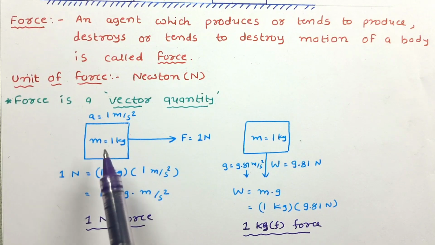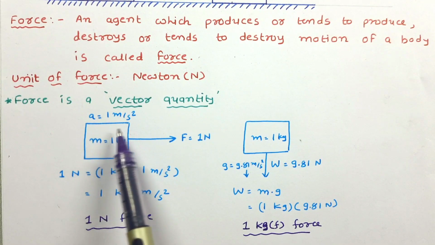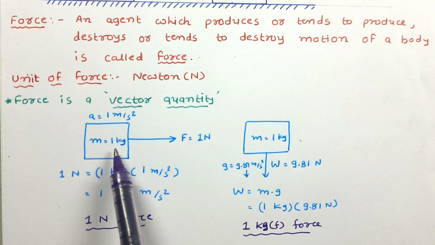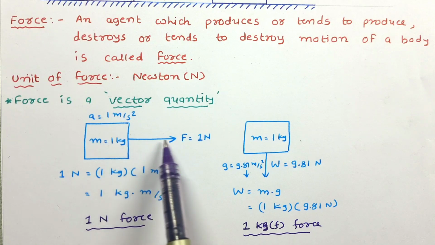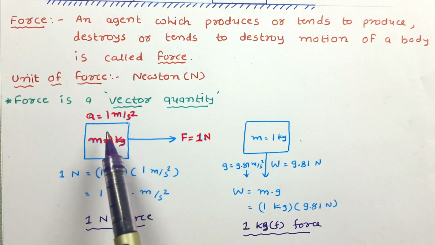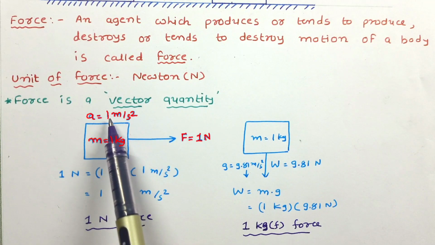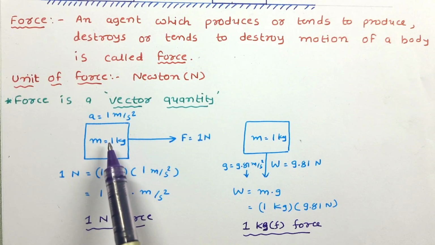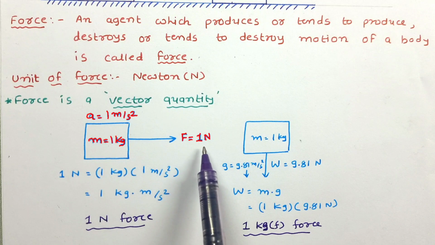So here in this figure we can see one object having mass 1 kg. Here we are applying some force due to which there is an acceleration of 1 meter per second square in this body. So here we can say this is 1 Newton force.